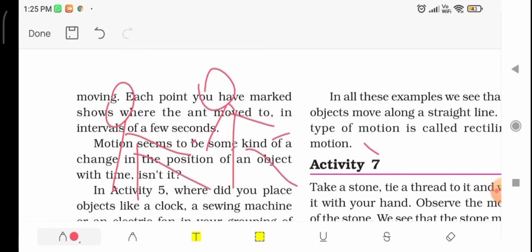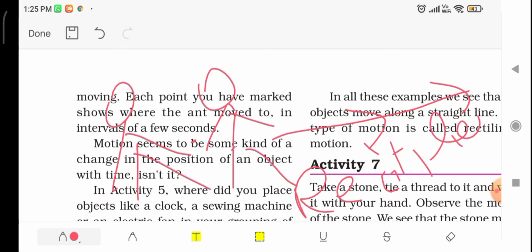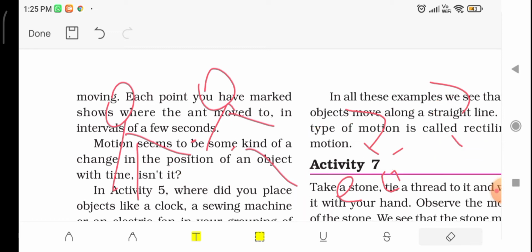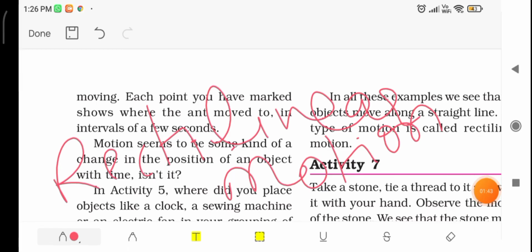In the march past, they have to go in a straight line. That kind of motion is called rectilinear motion. Which motion? Rectilinear. This motion is called rectilinear motion, in a straight line.